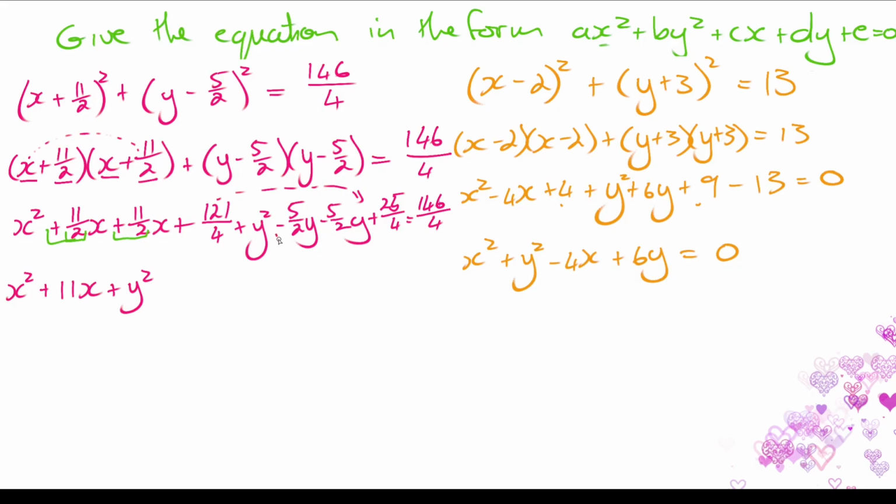Here we have this little guy, negative 5 over 2 minus another 5 over 2 should give us negative 5y. And now we've moved this one to the back, so 121 over 4 plus 25 over 4. And I'm bringing this one over, so it's negative 146 over 4.